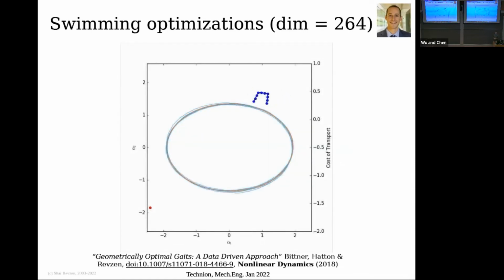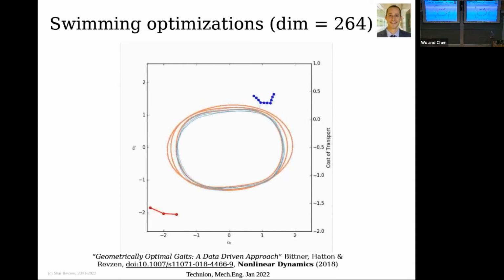We build a model for one gait, and then we do an optimization step improving our policy, and then we run the new gait, and we build a physics model for the new gait, and that's how we iterate. I didn't dwell on more details of how to do this step size correctly. There's an issue of step size planning in this gradient search, but yeah, that's what we do. We update the model.